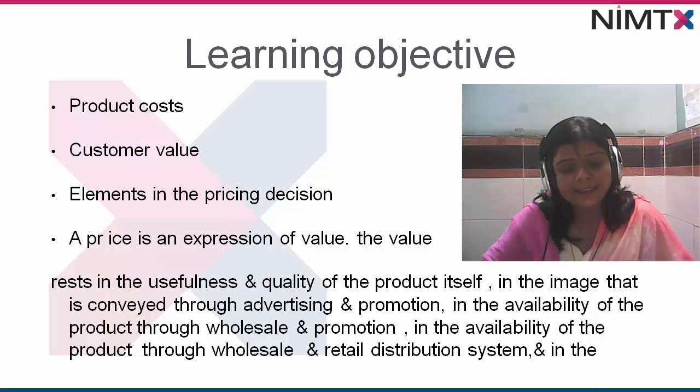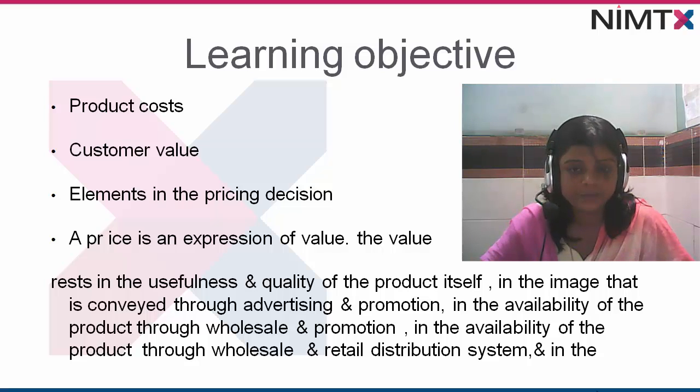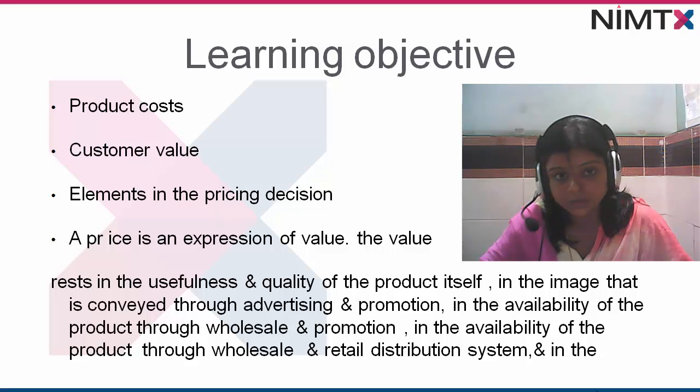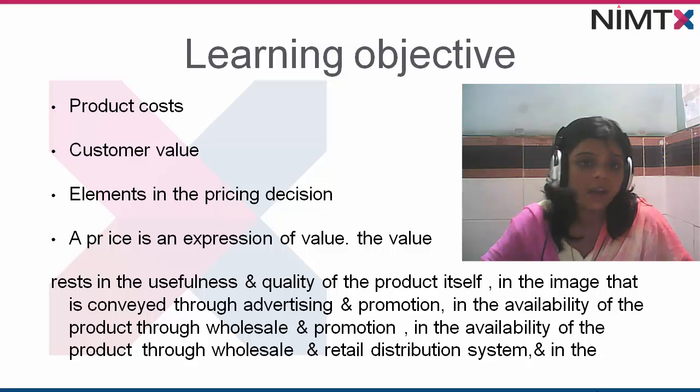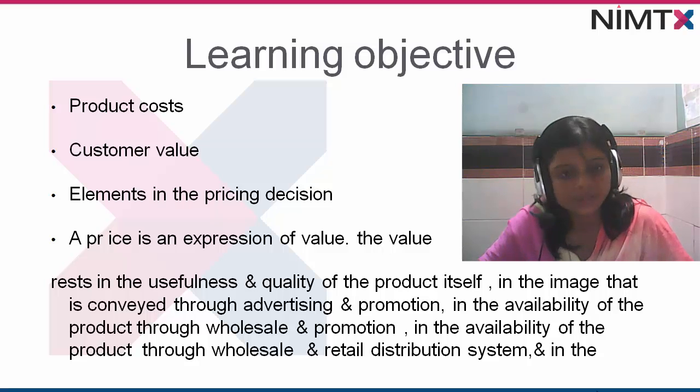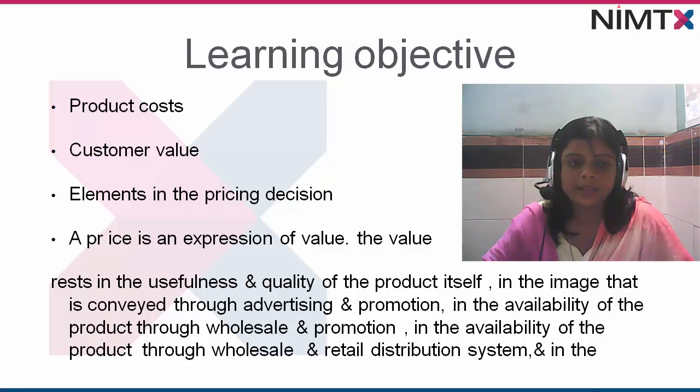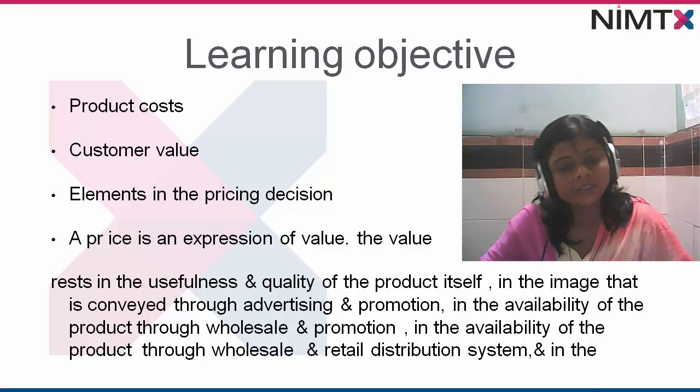as price is an expression of value, which I have explained to you, how a market is related to need, want and demand. And if you are fulfilling these kinds of things, then the first P of the marketing mix will come, that is the product.